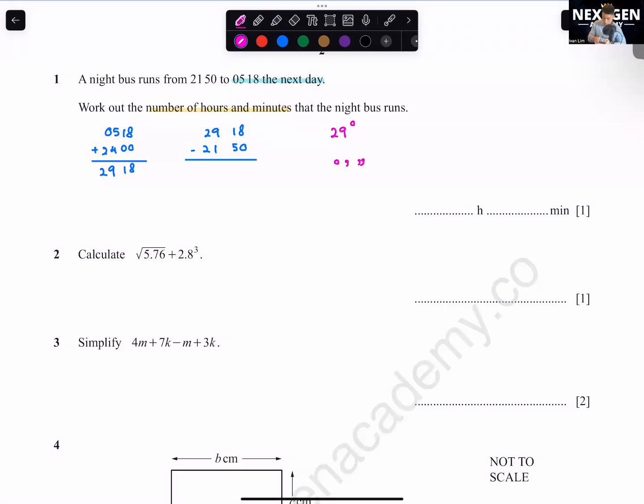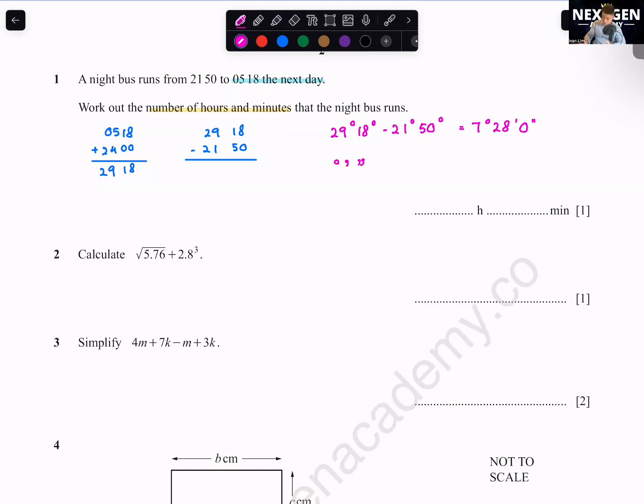Type 29, press that button, 18, press that button, minus 21, that button, and 50, that button. Just double check your answer. Everyone try together. What do you see on your calculator? You should get 7:28:0. This is a calculator trick to calculate time.